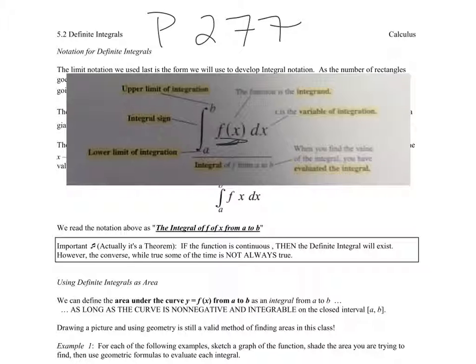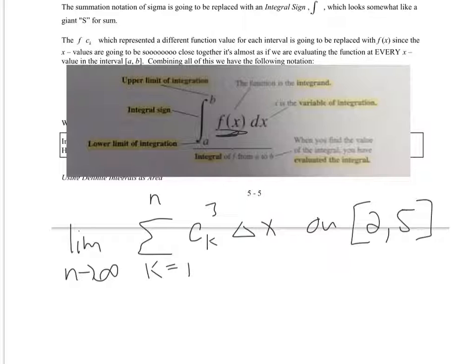So now, one thing we're going to ask you to do is to be able to take this Riemann sum notation and write it as a definite integral. So a couple of easy things to know: sigma is the sum, we're going to write the integral symbol, and here's our left end is 2, and our right end is 5.